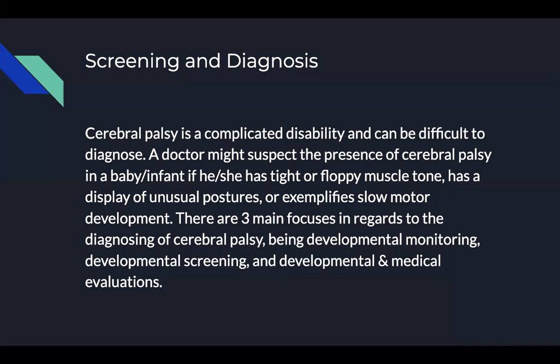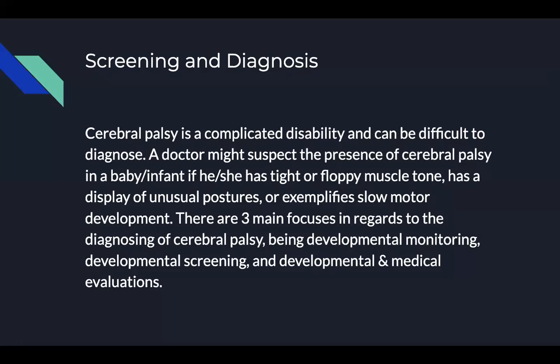There are three main focuses in regards to the diagnosing of cerebral palsy, those being developmental monitoring, developmental screening, and developmental and medical evaluations. So developmental monitoring, sometimes called surveillance, is when a child's growth and development is tracked over time from when they're born.